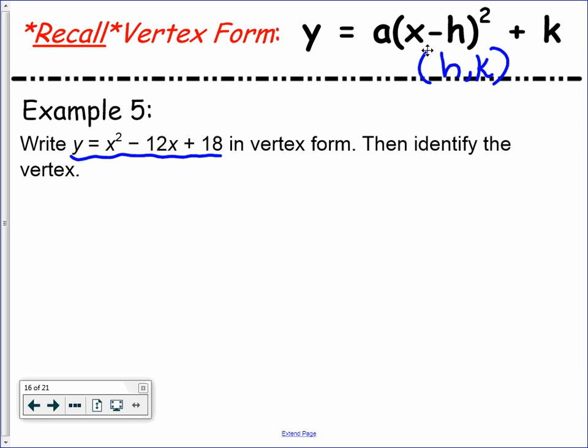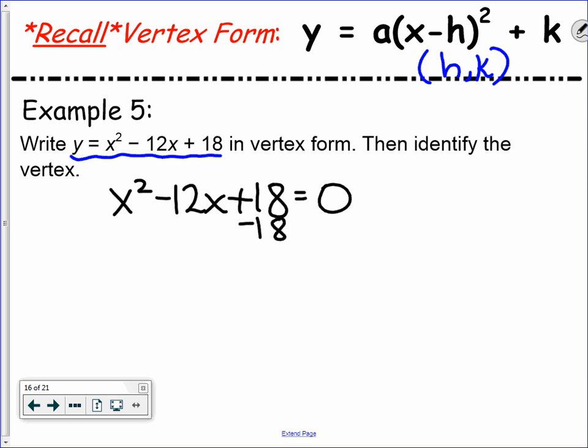So start off, and instead of saying y equals, we've got x squared minus 12x plus 18, and I want you to make it equal to 0. Now remember that we just want your a and b term all by itself on one side of the equal sign. So we got to get 18 to the other side by subtracting it.